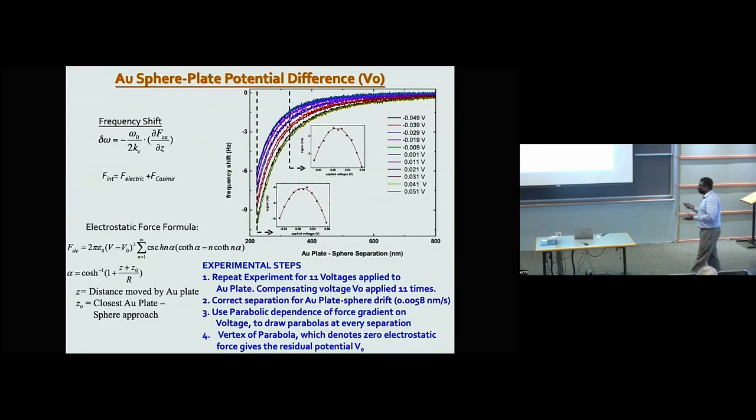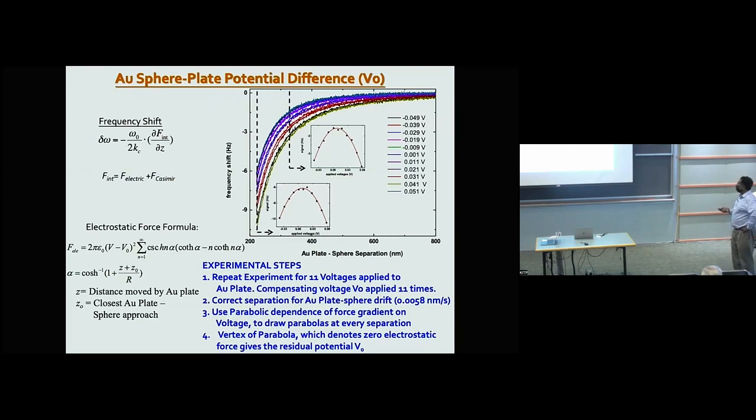Okay, same thing we've been doing for years now, which is you calibrate the system by applying different, very small voltages, and you draw these parabolas at every separation because the electrostatic force is a parabolic function of the voltage differences. This treats it as a monopole, so you have to verify that it's a constant potential difference as a function of separation in all calibrations.